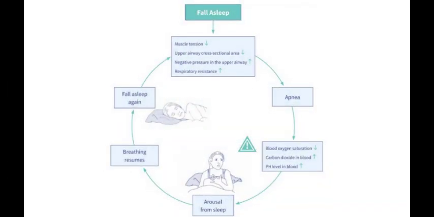Then the sequence of phenomena that occurs during the night in patients with sleep apnea-hypopnea syndrome causes a series of pathophysiological and biological changes responsible for the main clinical manifestations of the disease. The same cycle is constantly repeated: sleep, apnea, blood gas changes, transient awakening, and end of apnea.